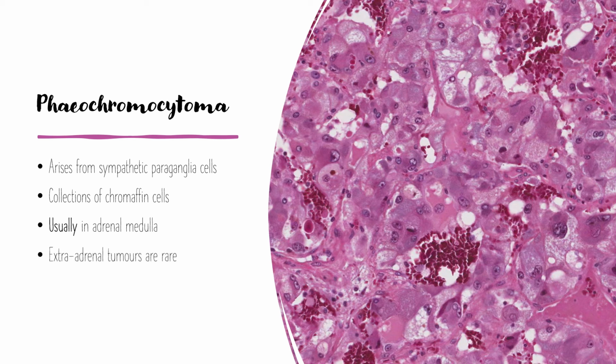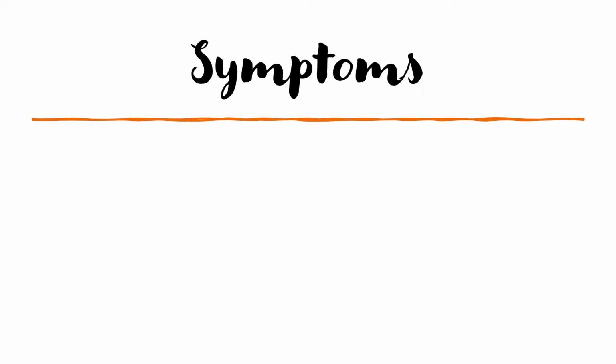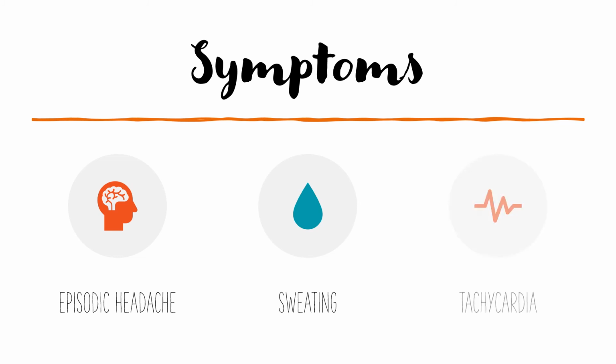In some cases, these are familial, so family history is really important and you should refer these patients for genetic screening. These are actually associated with cancer syndromes like neurofibromatosis, so you should keep an awareness of this. Phaeos typically present with a classical triad of episodic headaches, sweating, and tachycardia.